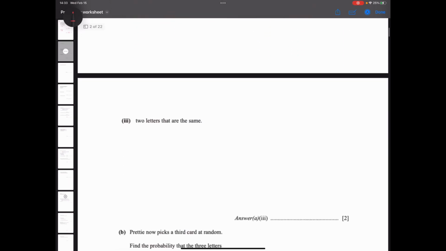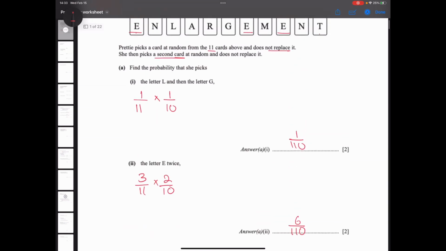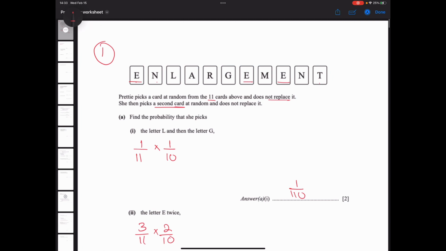Two letters that are the same. It can be E and another E, or which other two letters? I think it's N, that's it.